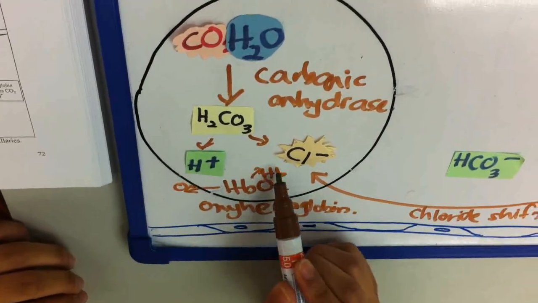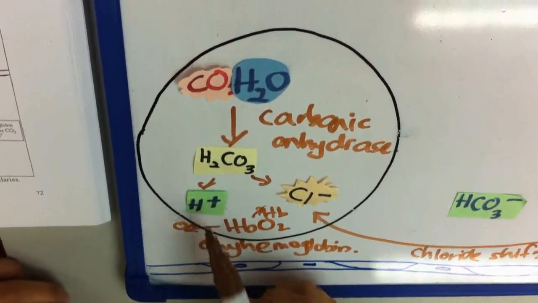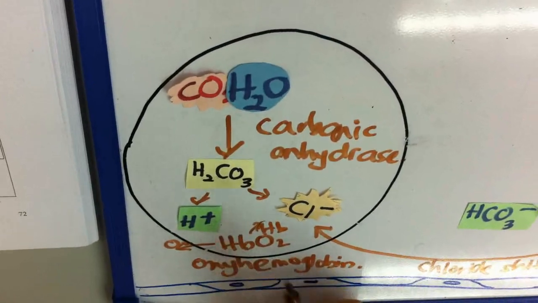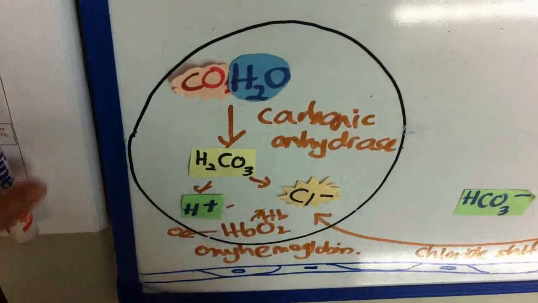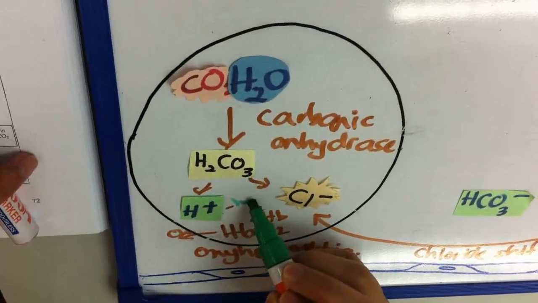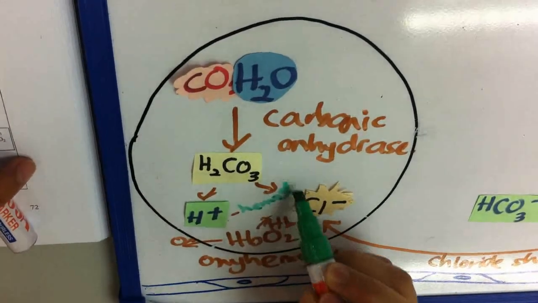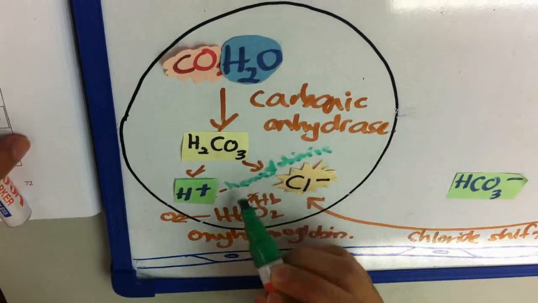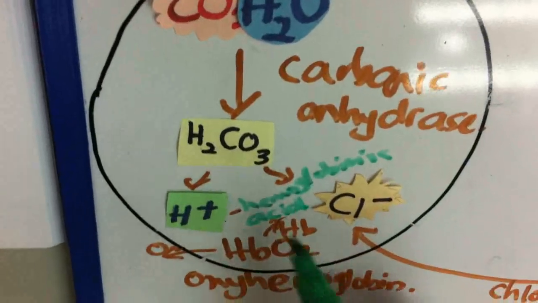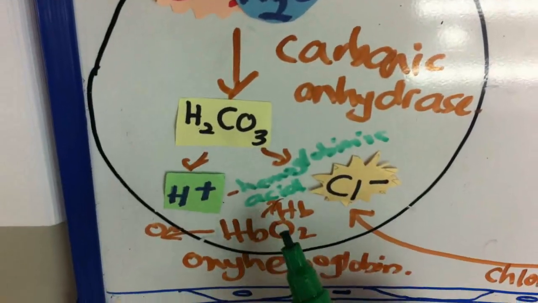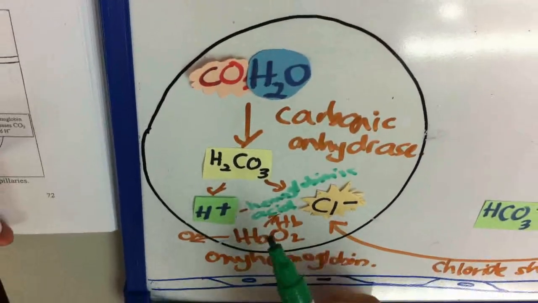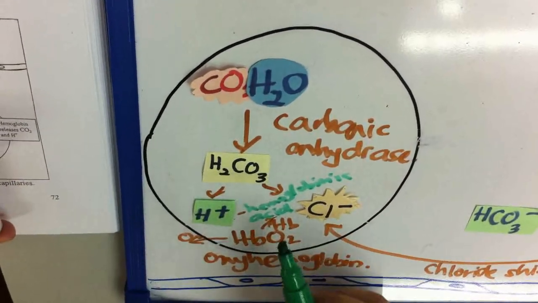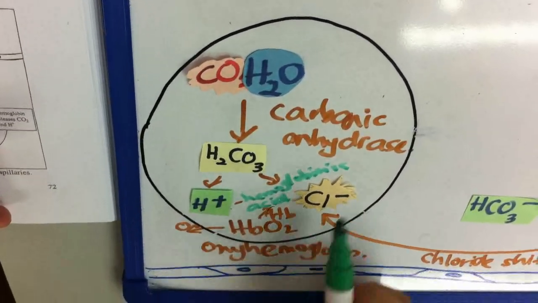This hemoglobin will combine with H plus to form hemoglobinic acid. This hemoglobinic acid acts as a buffer to increase the pH, to make it less acidic in the red blood cell.